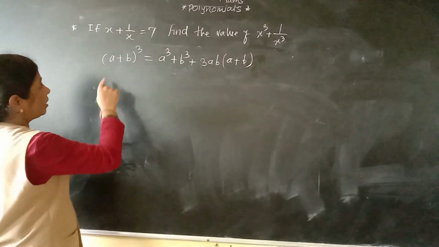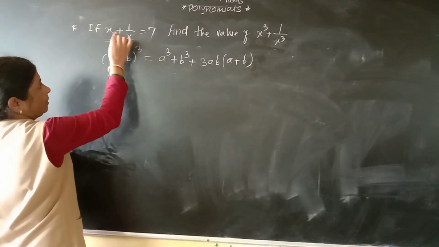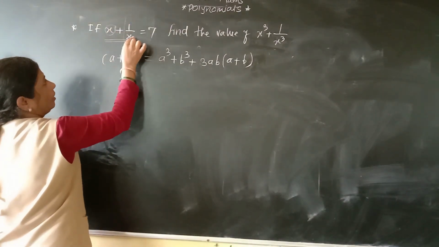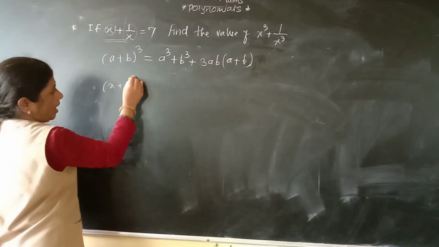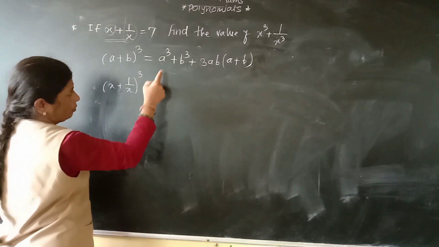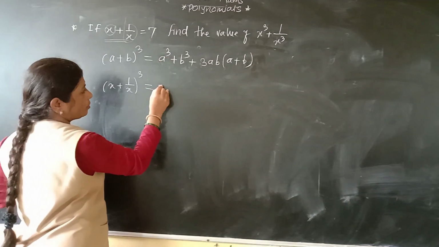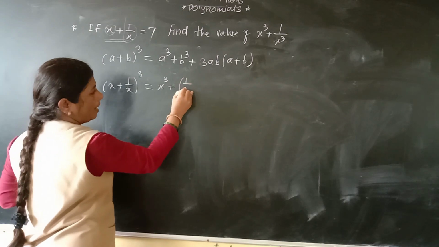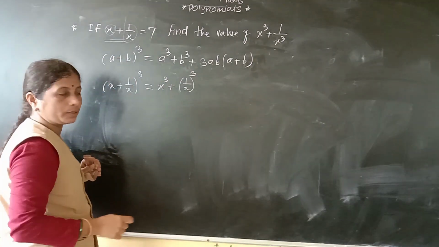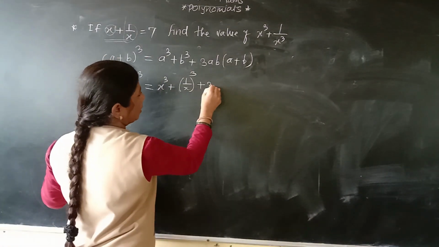Okay, now see here, what is a plus b? This is your a and this is your b. So here x plus 1 by x bracket cube equals a cube, which means x cube, plus b cube, which means 1 by x bracket cube, right? Plus 3ab.